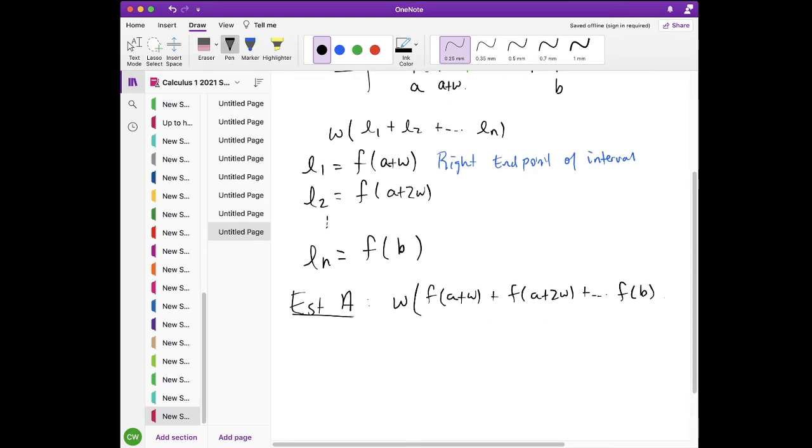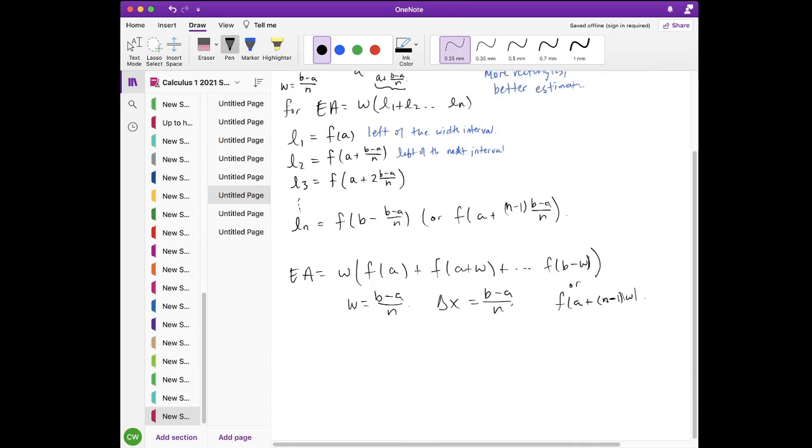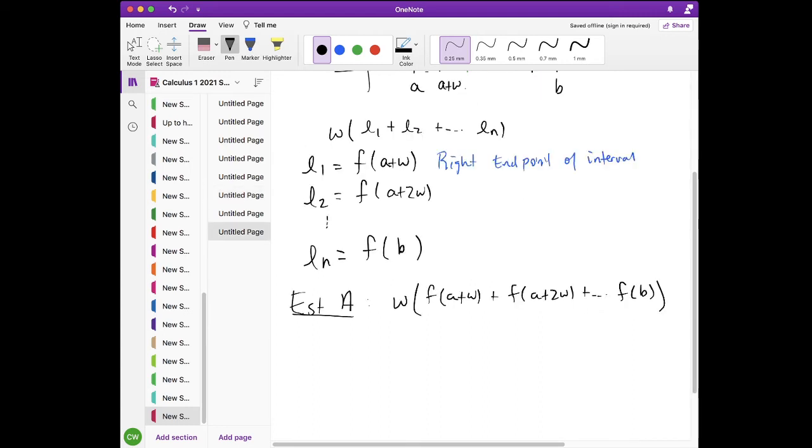Notice that the right and left endpoint calculations look pretty much the same. Here we start at f of a and stop at f of b minus w, whereas for a right endpoint, you start at f of a plus w and end at f of b.